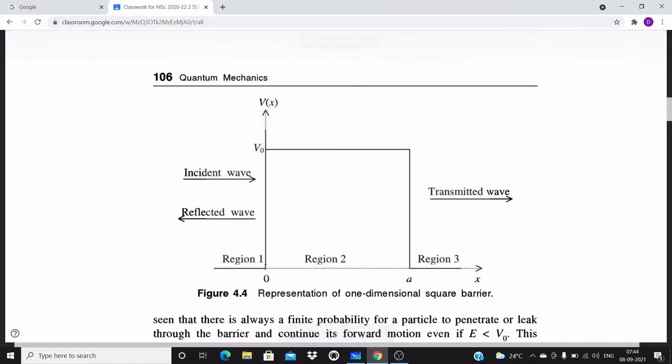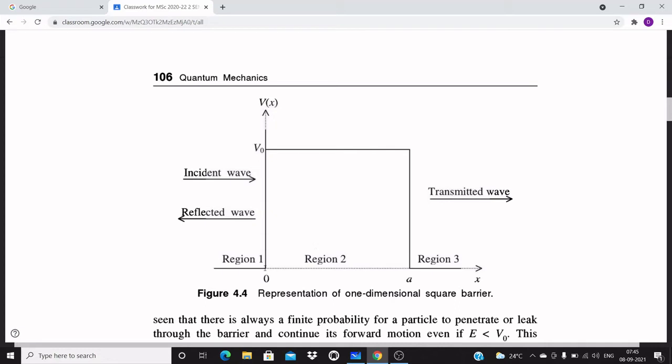At x equal to 0, psi 1 at x equal to 0 will be equal to psi 2 at x equal to 0. Similarly, the second continuity equation is that psi 2 at x equal to a will be equal to psi 3 at x equal to a. So these are the continuity equations of the wave functions in various regions.